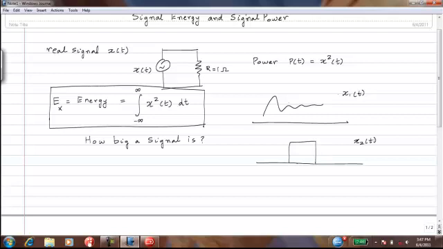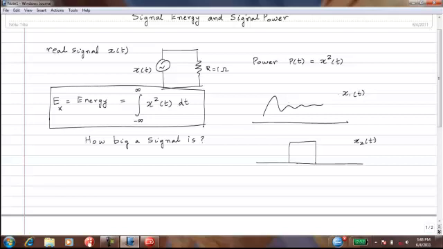Suppose I want to know which of the two signals is bigger. It doesn't even seem to make sense at first. What do we mean by one signal being bigger than the other? But what we're going to do is think of the energy associated with the signal as a strength for the signal, and based on this we're going to find out which one is bigger than the other.